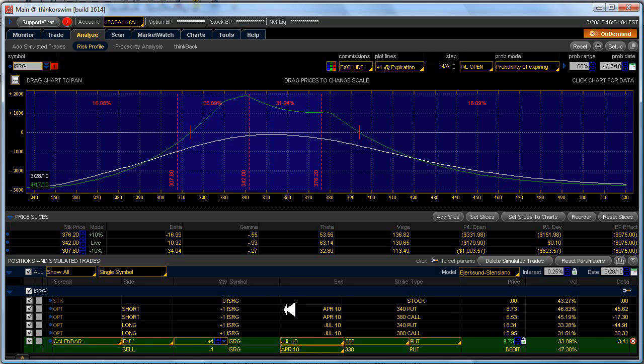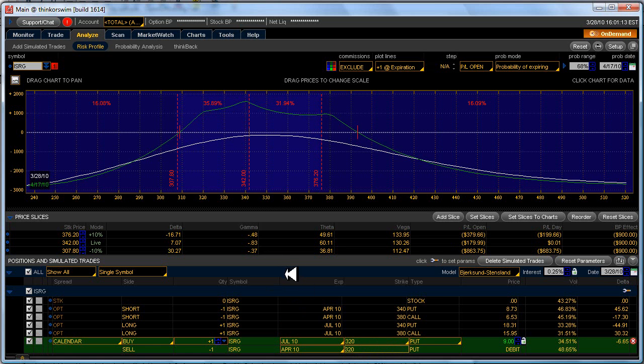Also, I think that 330 is probably a little bit too close to the current price. So let's bring that down to a 320. Now that is starting to look good. See how much wider the profit tent is now?